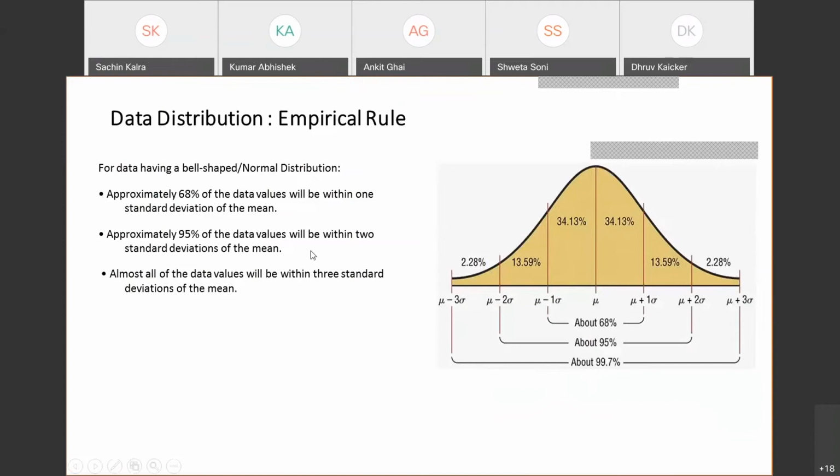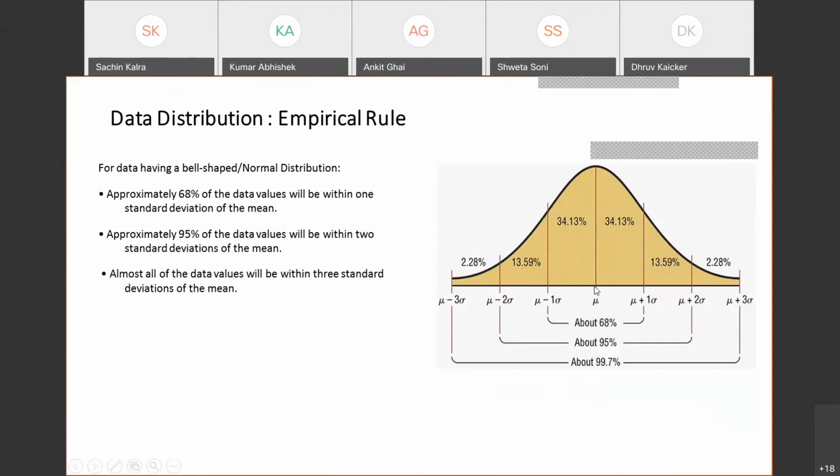So yeah, we learn it carefully. For data having a bell-shaped normal distribution, this is the mean and this sigma is the standard deviation. Here it says mean minus one standard deviation and mean plus one standard deviation. For symmetrical data, we say approximately 68% of the data values will be within one standard deviation of the mean.